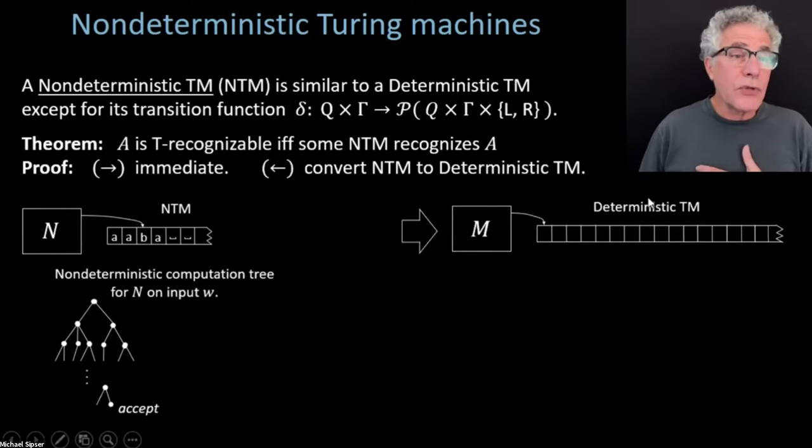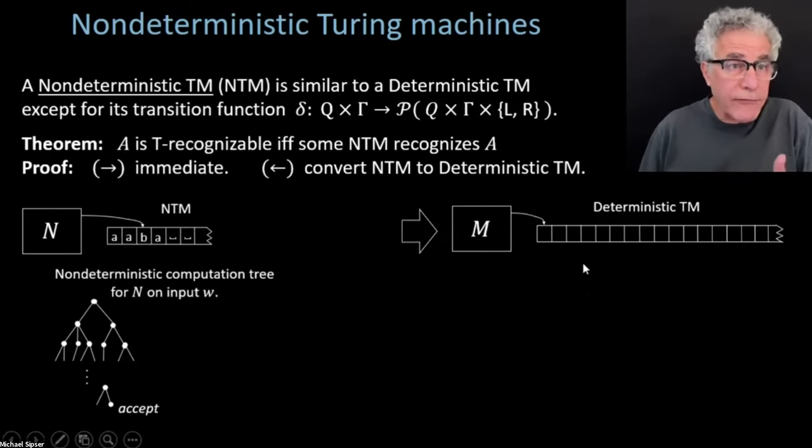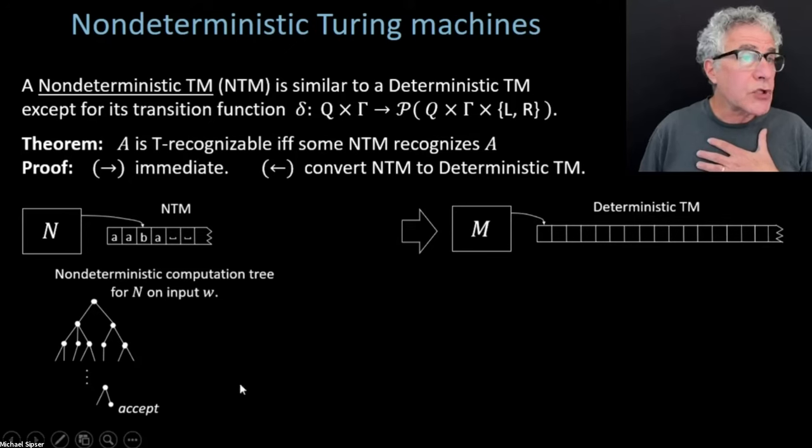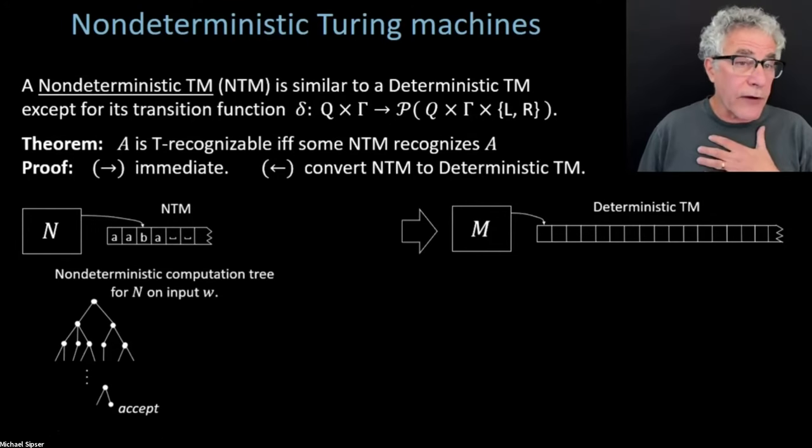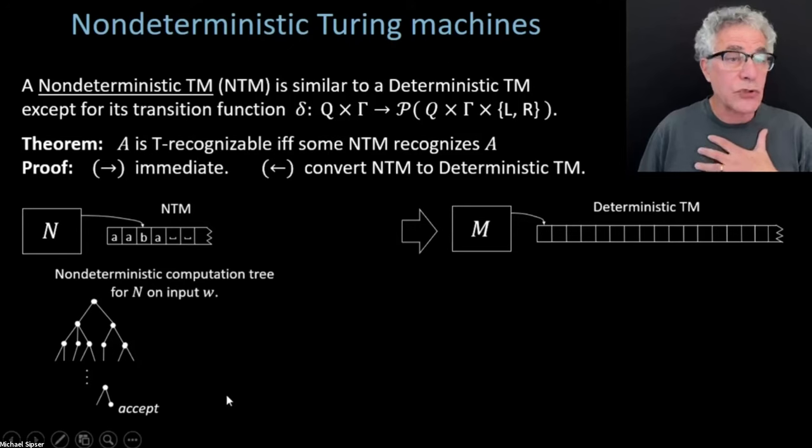Well, it's really going to be carrying out the simulation as you would imagine doing it yourself if you were told you had to simulate a non-deterministic Turing machine: you're going to search that tree of possibilities, looking to see if you find an accept. If you do, then you accept. If you don't, well, maybe you'll go forever, or maybe you'll manage to search the entire tree, and then you will say, no, I reject.